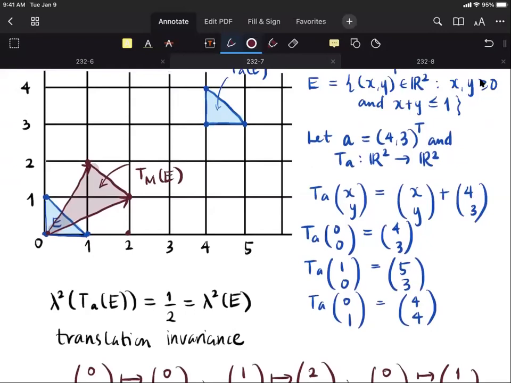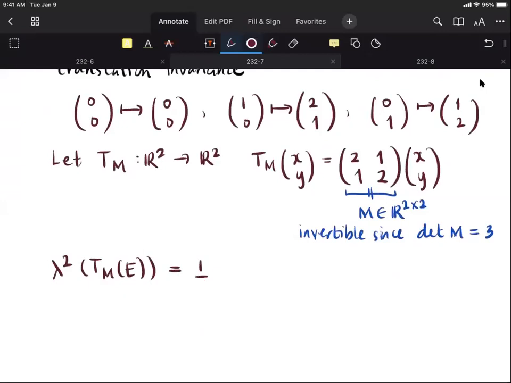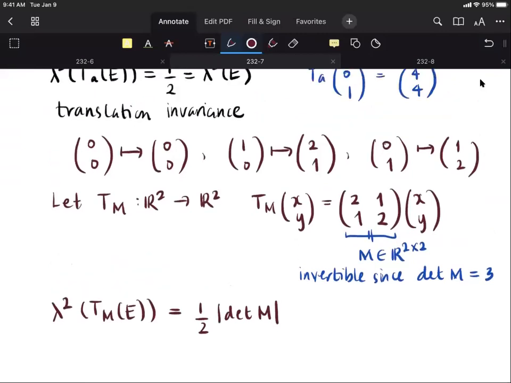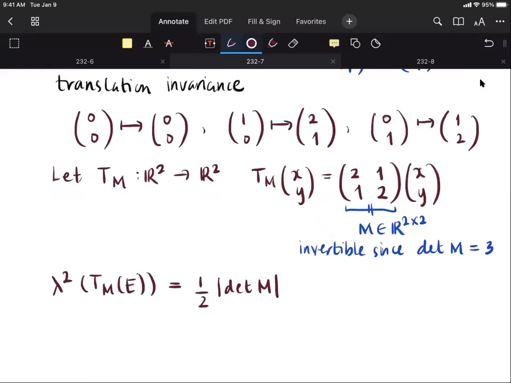So this is the vector 2, or I should say 1, 2. This is the vector 2, 1. So this is 1/2 of the determinant, or the absolute value of the determinant of that matrix, which is basically M. We need to put the absolute value to make sure that this is indeed non-negative.